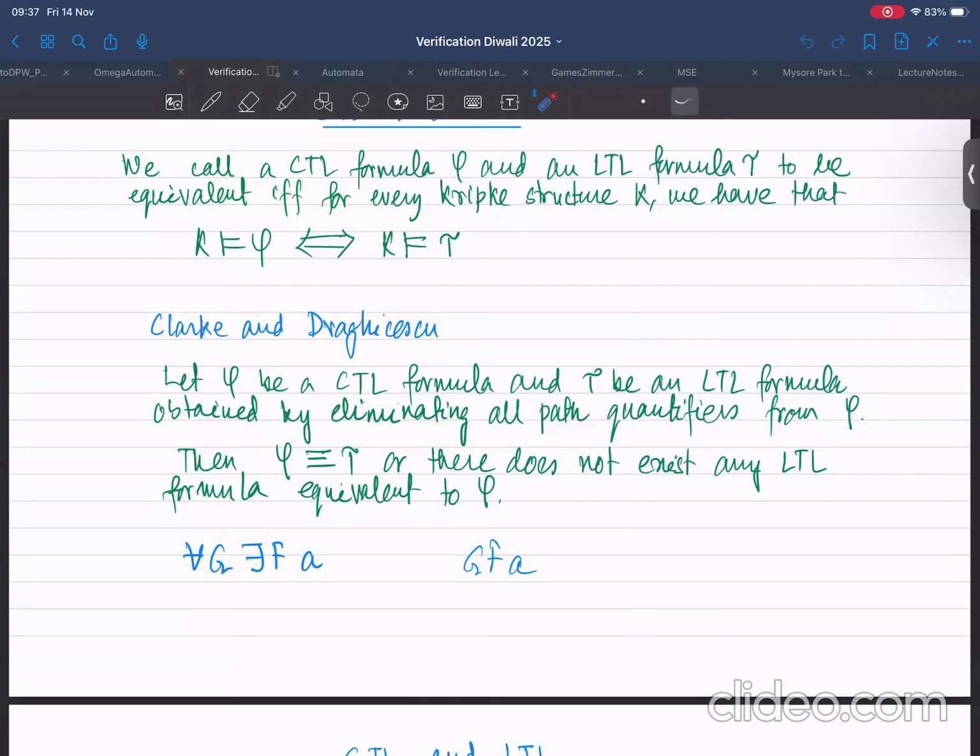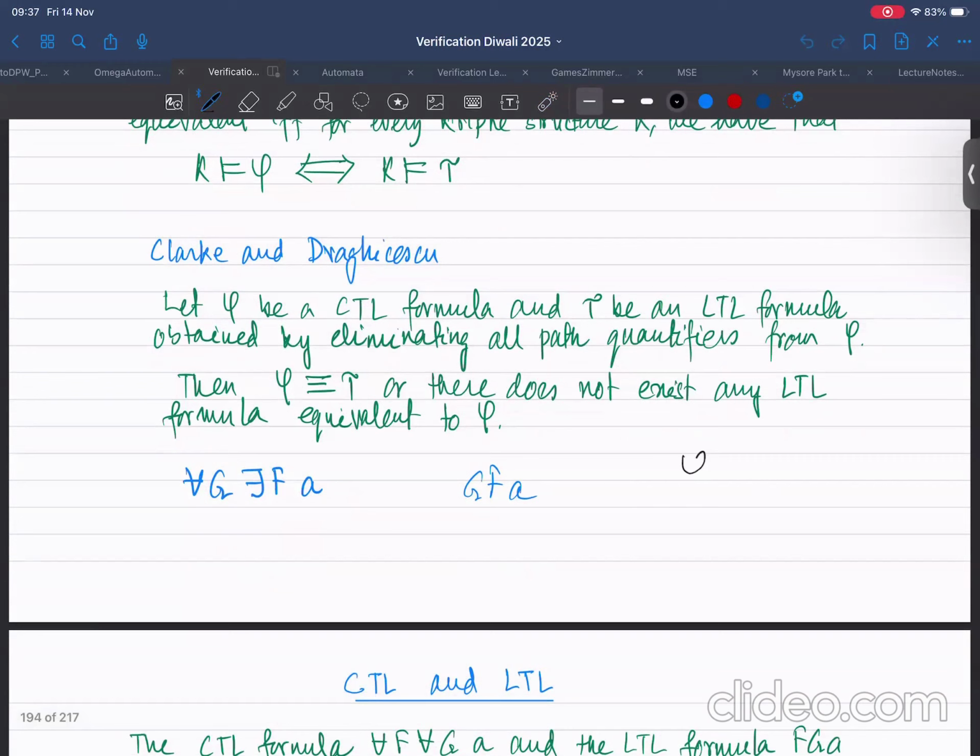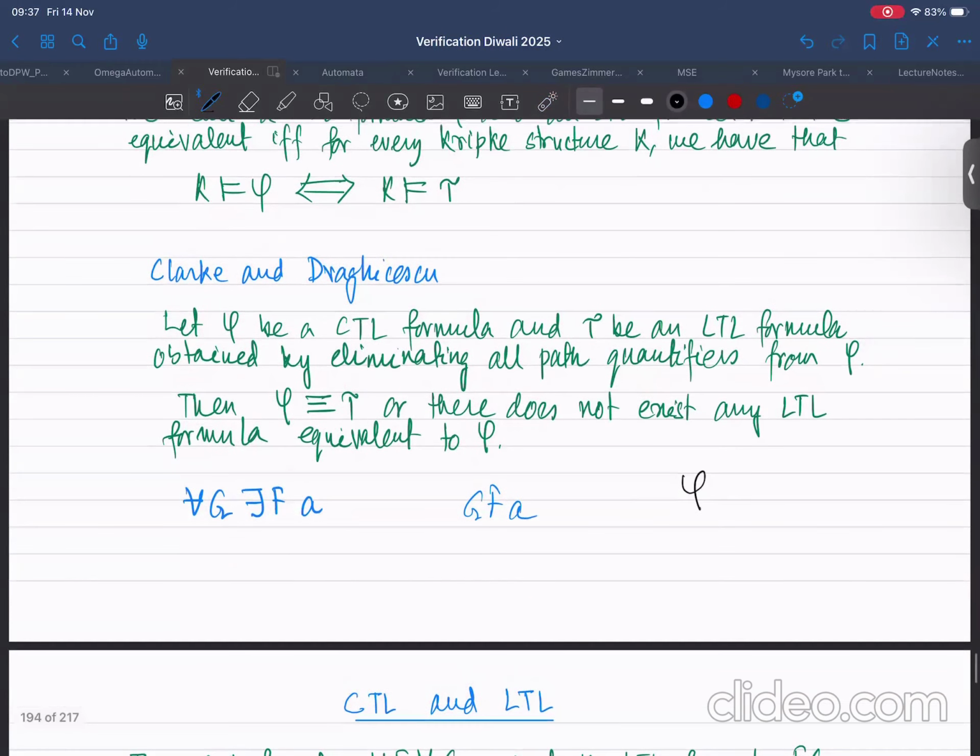So what are we saying? If you have a CTL formula, let's say phi, and then you have the LTL formula tau, since we are removing all the path quantifiers, the size of the CTL formula is at least as big as the LTL formula.